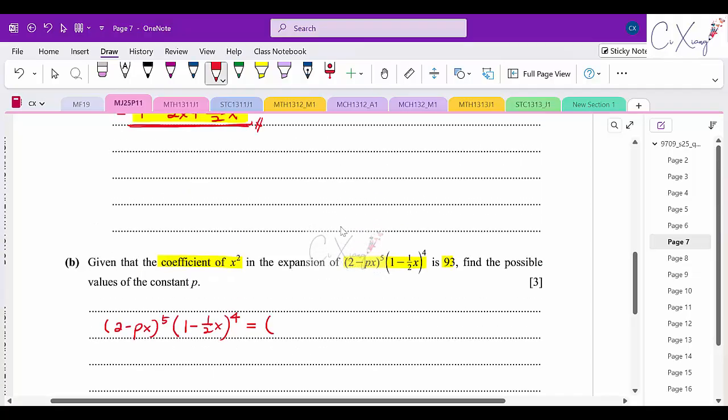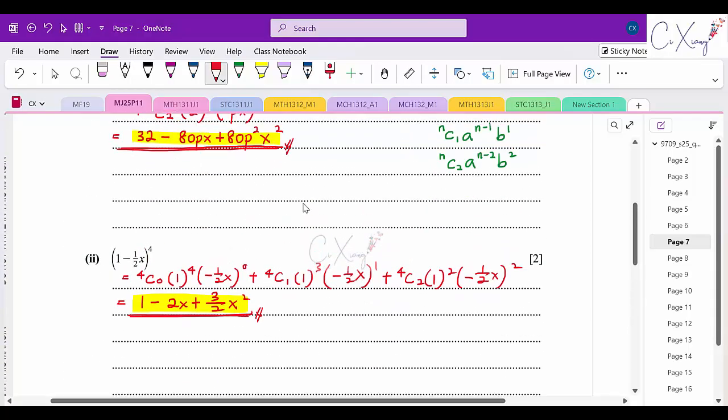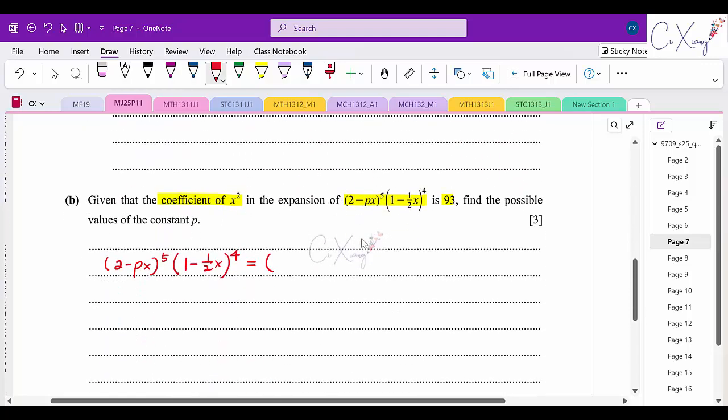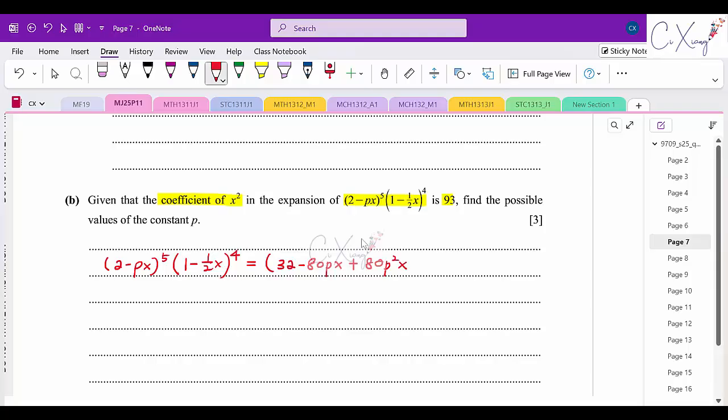For first bracket, your first three terms will be this one. So you just copy down the answer from part A1, alright? We'll be having 32 minus 80px, then plus 80p squared x squared. Multiply with the expansion for the second bracket here, it is 1 minus 2x plus 3 over 2 x squared.